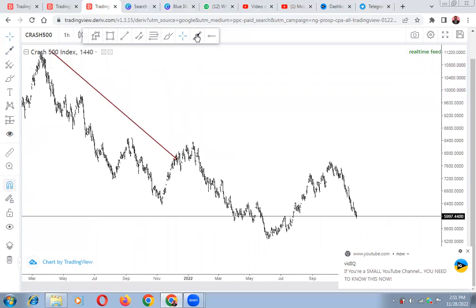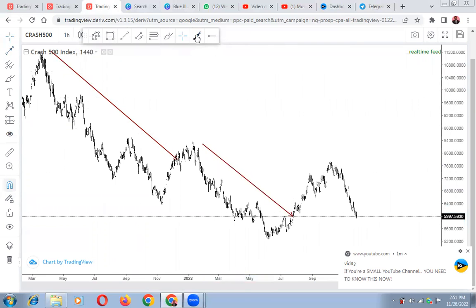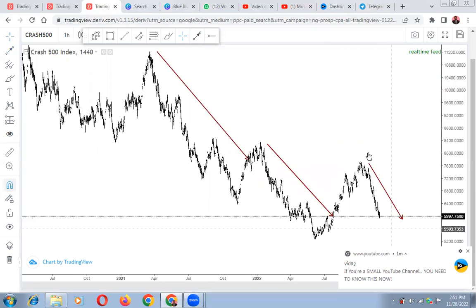Then price came up to this place and started the downtrend again. So I'm going to show you how you would have been able to catch all these trades. And as you can see, price came back into this region and is going down again. So price has been on a downtrend for a very long time now.